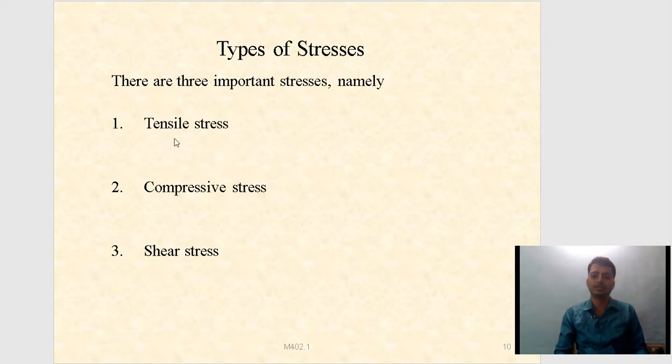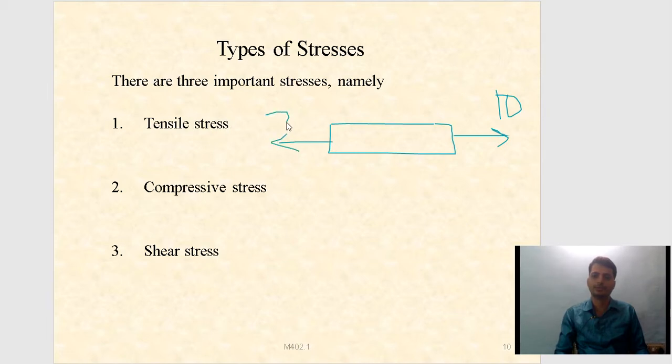If I apply a tensile load, definitely the stresses will take place. See, having given a load here of 10 kilonewtons and here 20 kilonewtons to a material, definitely there is a disturbance here.